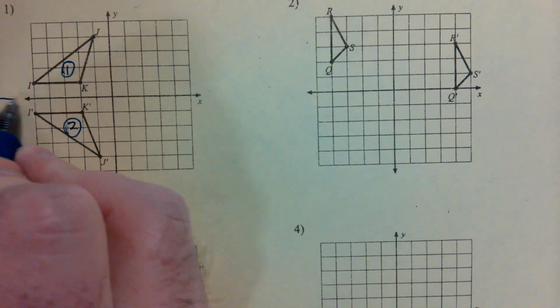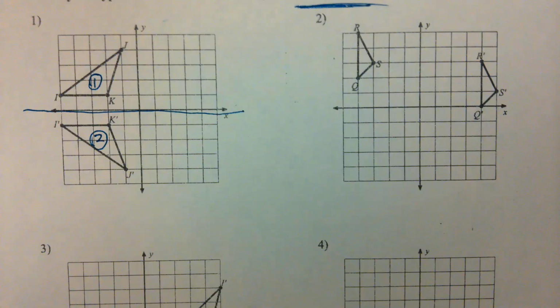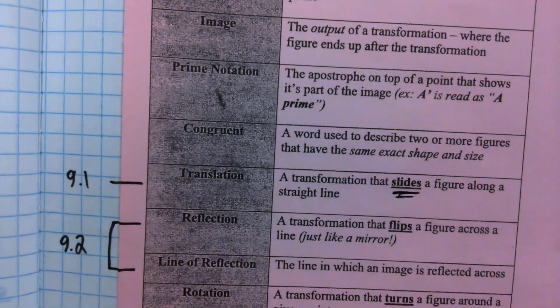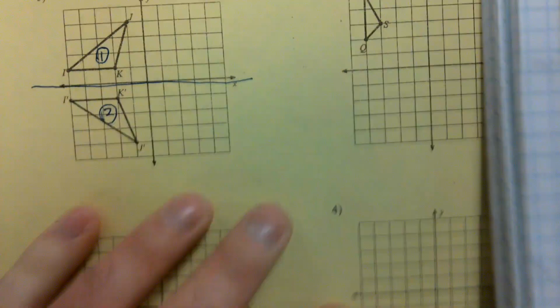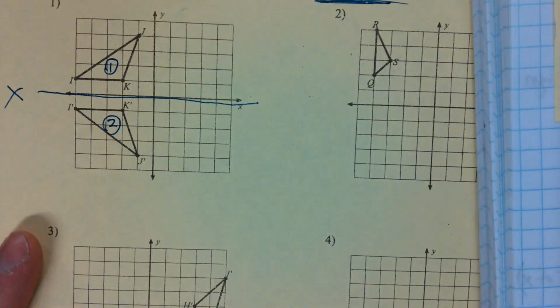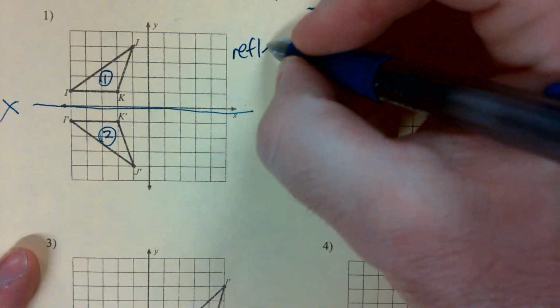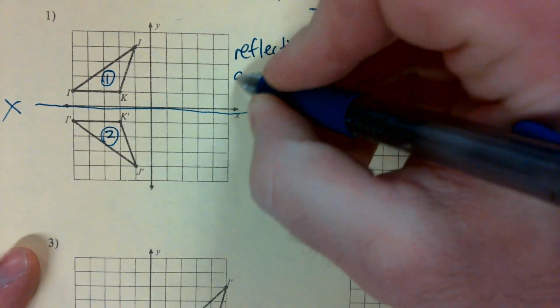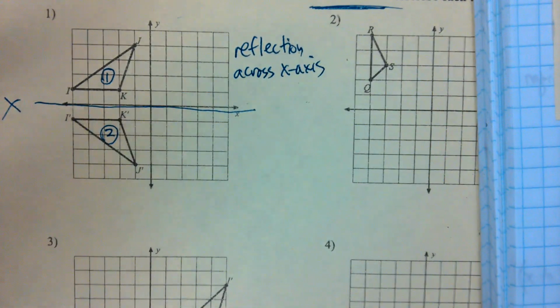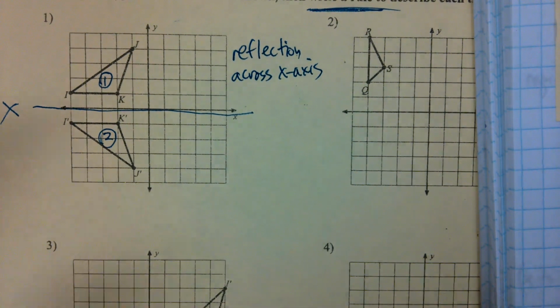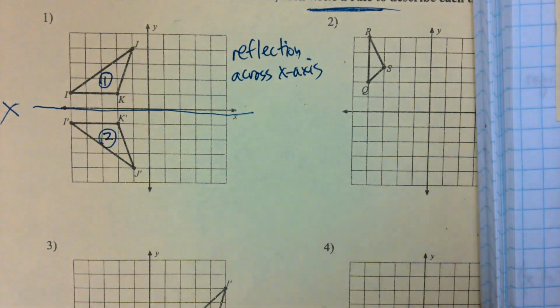And we can see that the line of reflection, look at our vocab chart, the line in which an image is reflected across is the x-axis. So this is a reflection across the x-axis. That's the first part, identifying what is even going on.